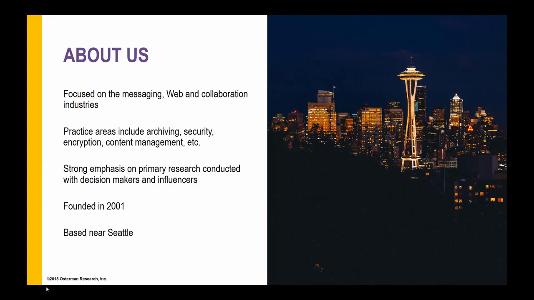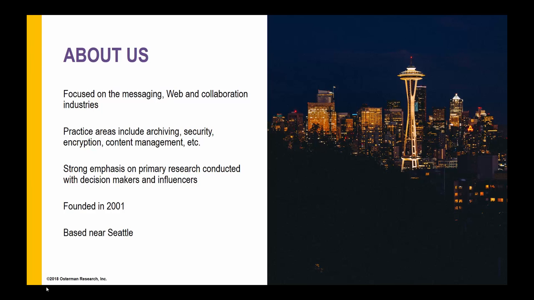Just a little bit of background on Osterman Research. We're an independent market research and consulting firm, and as Q mentioned, our focus really is on the messaging, web, and collaboration industries. We look at really any technology that allows people to communicate or collaborate in a workplace context. So we look at things like archiving, security, content management, encryption, authentication, basically any technology that enables the improvement of communication or collaboration.